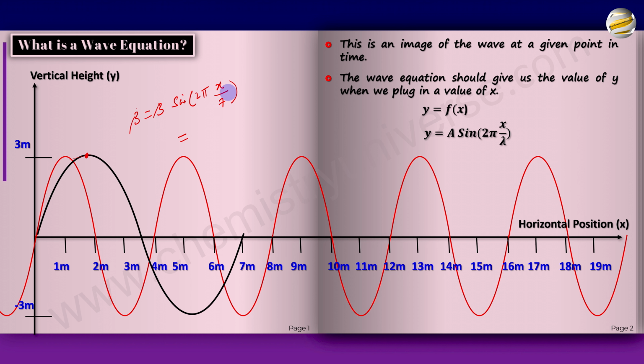So this entire thing can be taken as pi by 2. So if 2 pi x over 7 is pi by 2, pi gets cut. And you can get the value of x as 7 by 4, which if you calculate is 1.75. That means this is the value of x, which is 1.75, where the y value is maximum, that is 3.